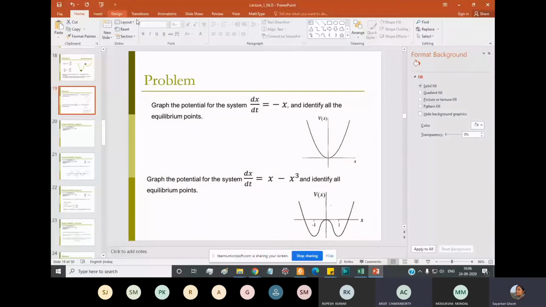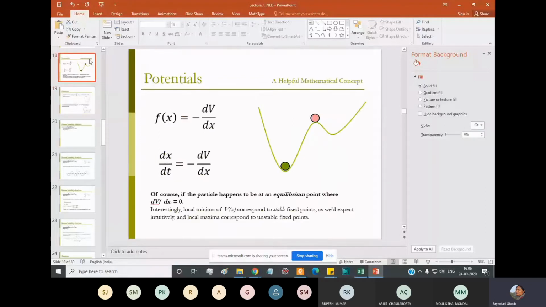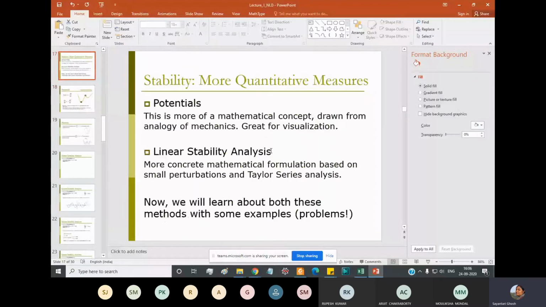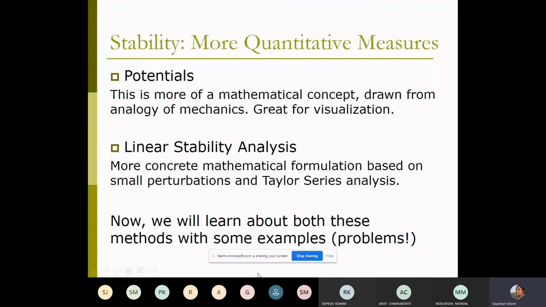Okay. So what we were discussing in the previous class, and also the video that I have shared, are some concepts to explore how we can figure out, in a more quantitative way, the stability of one fixed point in a dynamics.